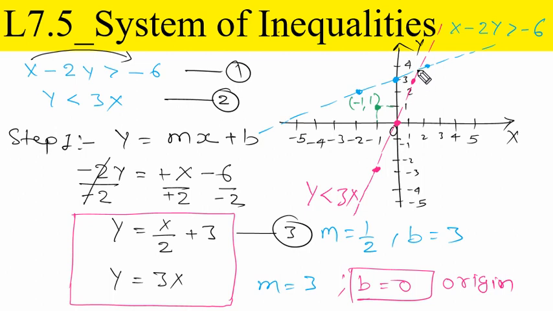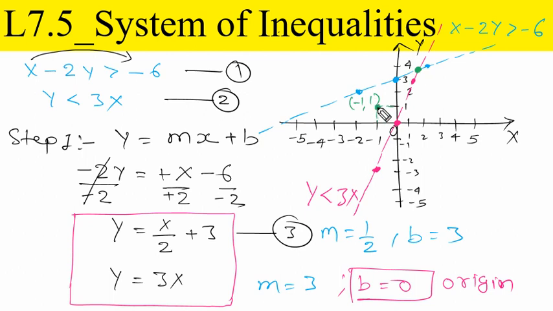And here you have a point of intersection. This point of intersection will not be in the solution because it is a dash line. If it is a solid line, this point of intersection will be in the solution. Remember that.